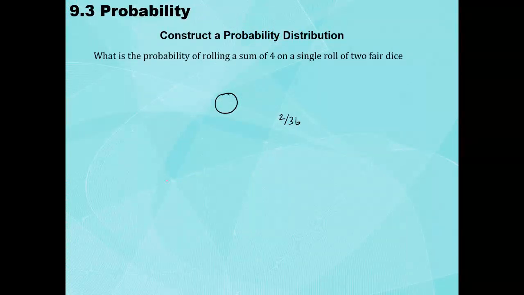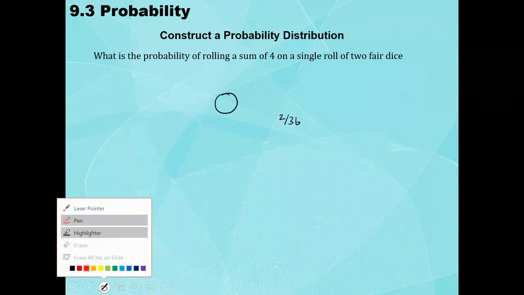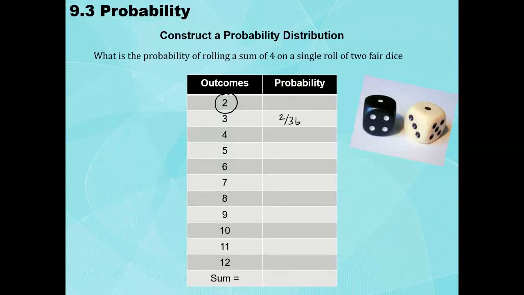Okay, so let's construct a probability distribution for an event. Let me erase this. Okay, well, that's okay. Sorry about that. What is the probability of rolling a sum of 4 on a single roll of 2 die? We already talked about how there were 36 possible outcomes, right?